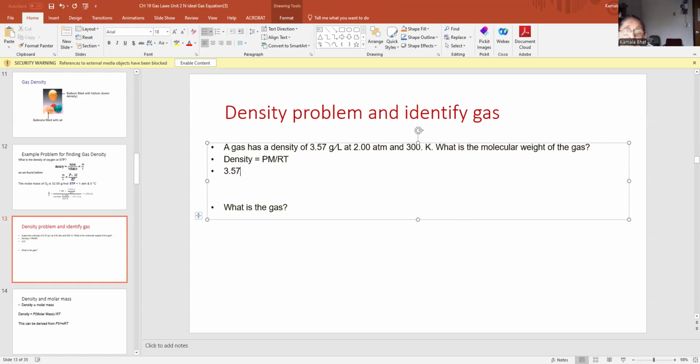3.57 grams per liter is equal to the pressure, which is 1, times the molar mass, divided by 0.08206 times 300 K. Now all we have to do is solve this equation.